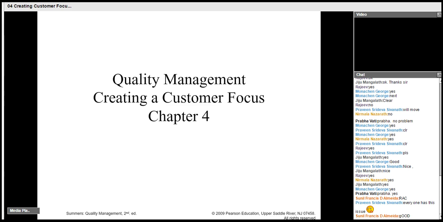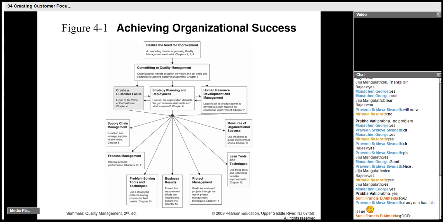So quality management, creating a customer focus. So achieving organizational success. And this picture will be a little bigger anyhow.